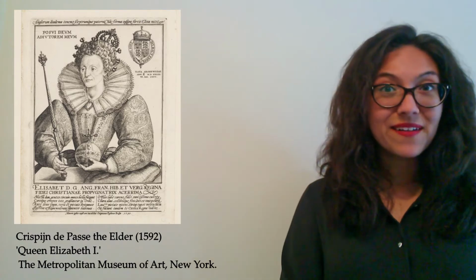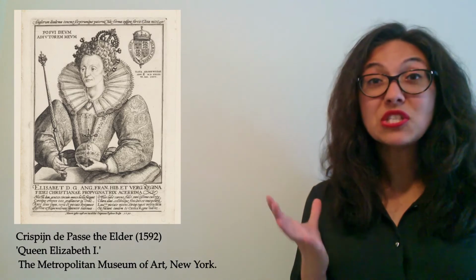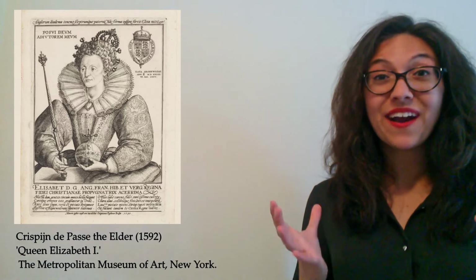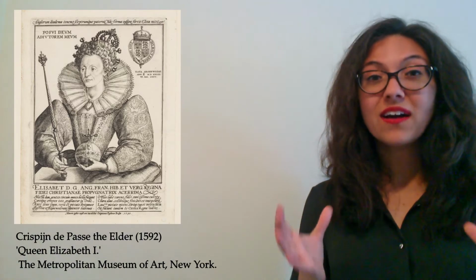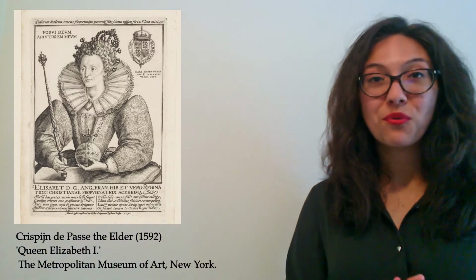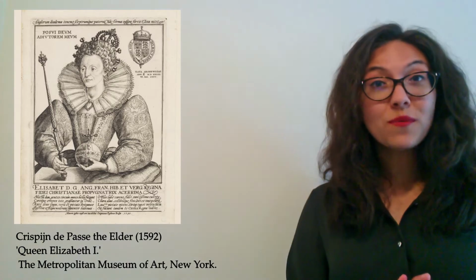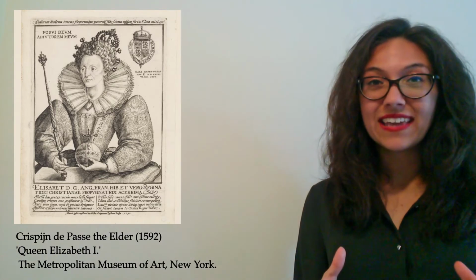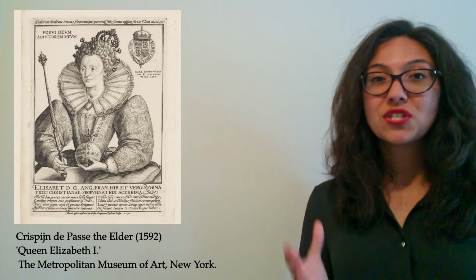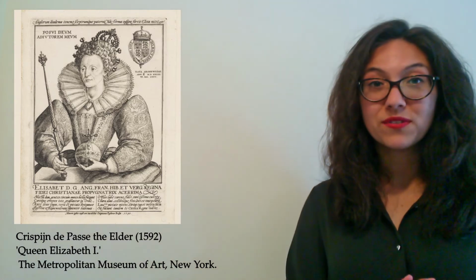So together, the orb and the sceptre, these two objects that the figure here holds in her hands, are symbols of power and authority. And an orb and sceptre are still used today as images to show when someone is crowned.